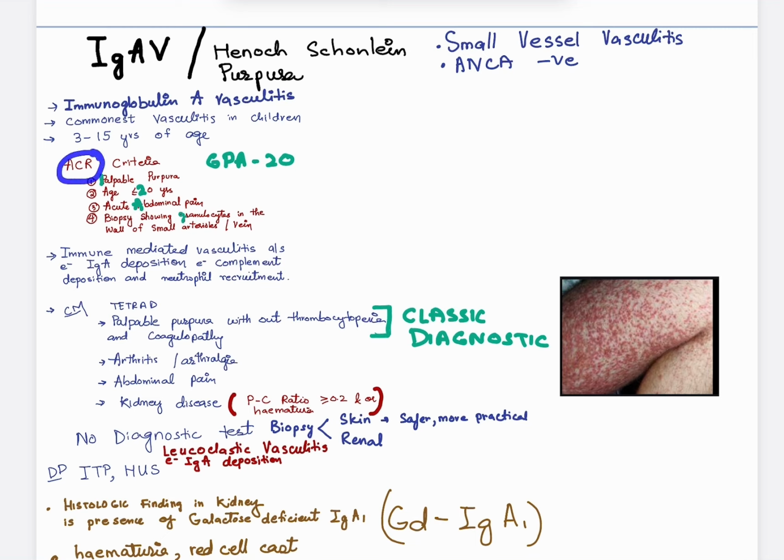So the ACR, American College of Rheumatology, criteria for IgAV can be remembered as GPA 20. G for granulocytes in the wall of small arterioles and vein when we biopsy. P for palpable purpura. A for acute abdominal pain. And 20 is usually less than 20 years of age.